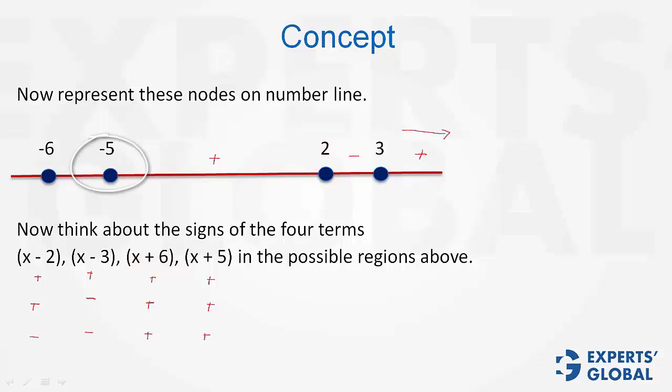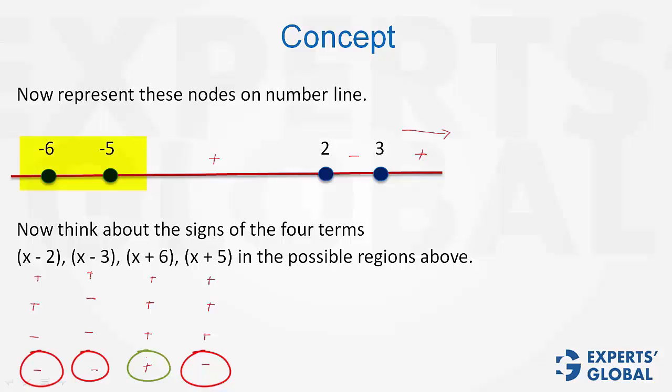Next, x equals -5 is a value where x + 5 will become equal to 0. And in this range, between -5 and -6, x + 5 will become negative. x + 6 will remain positive, while the other 2 terms will also be negative. Overall, we now have 3 negative signs and 1 positive sign.